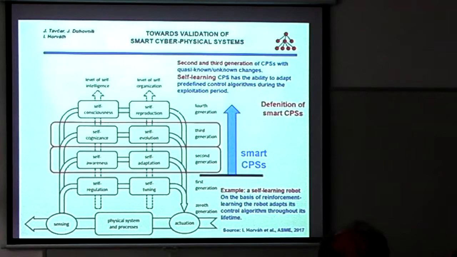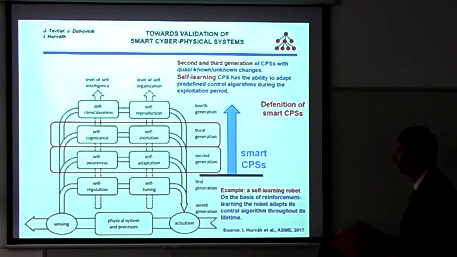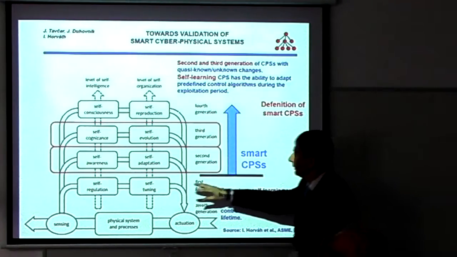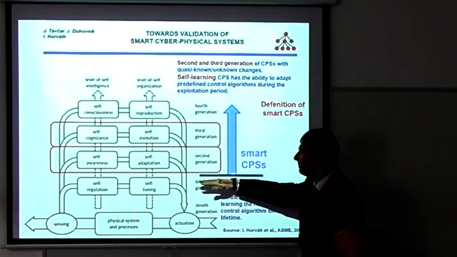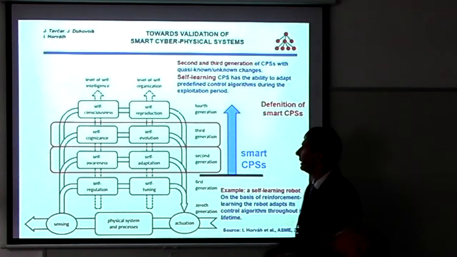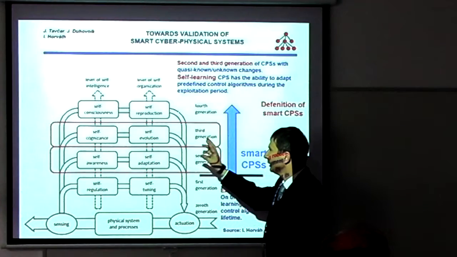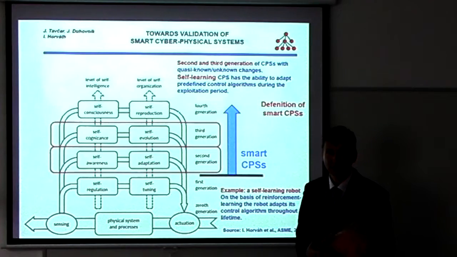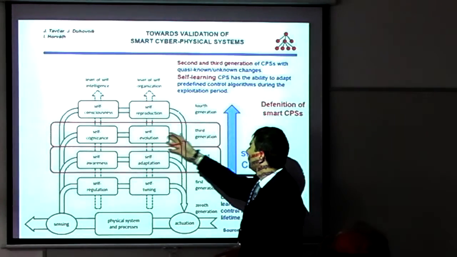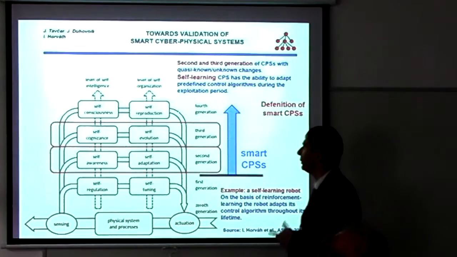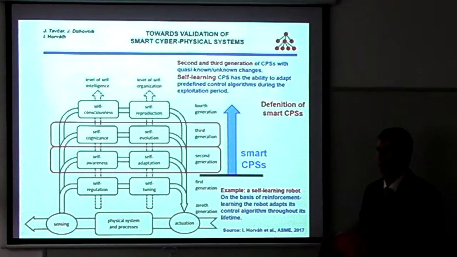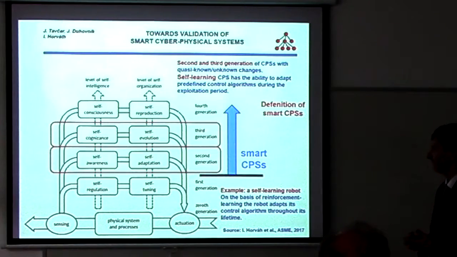Before we go further, once again the definition of the smart system according to Professor Horváth. The cyber-physical system can be split into several generations, and the second generation has the capability for self-awareness and self-adaptation. Then the third generation can self-evolve, so from the second generation on, we have the so-called smart system.